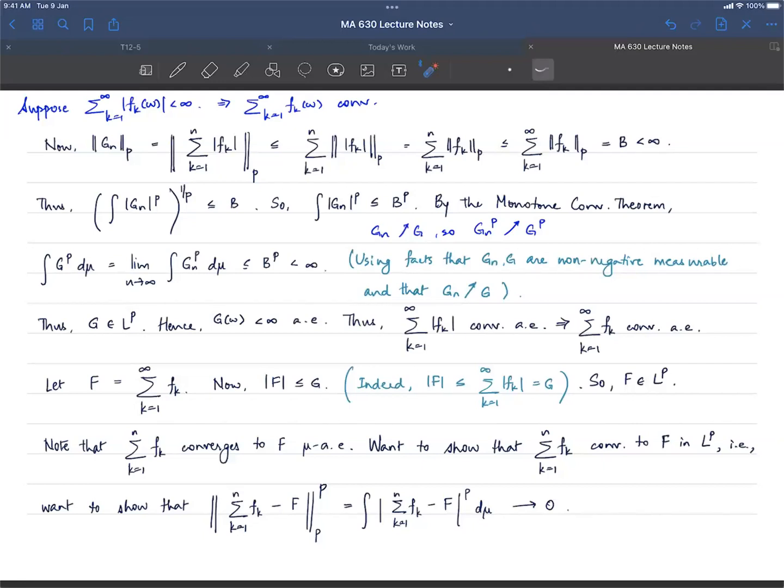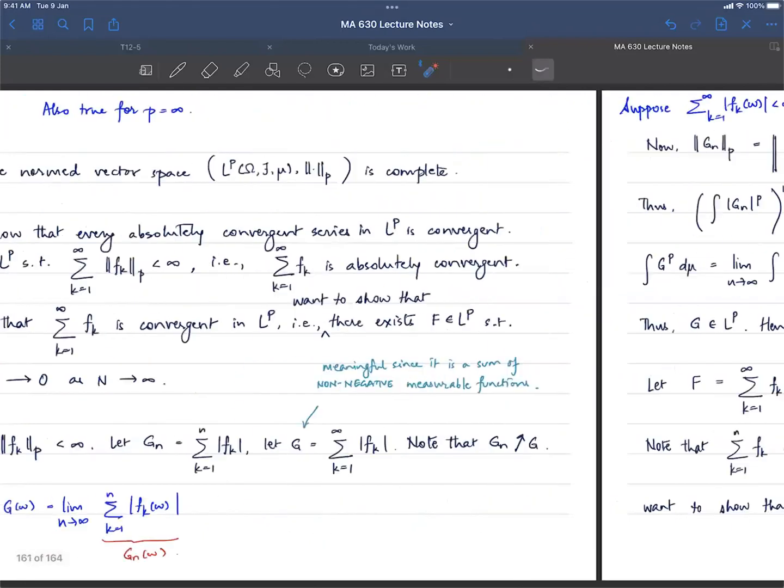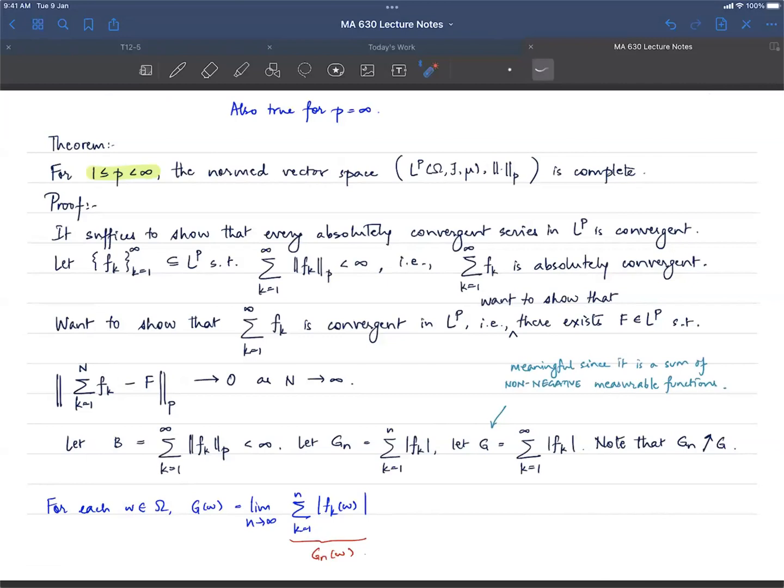Right. See, the thing is, where is the action happening? This statement is happening on the real line. So basically, this statement is saying for a series of real numbers, absolute convergence implies convergence. What we're trying to show here is that for a series of functions, absolute convergence implies convergence.